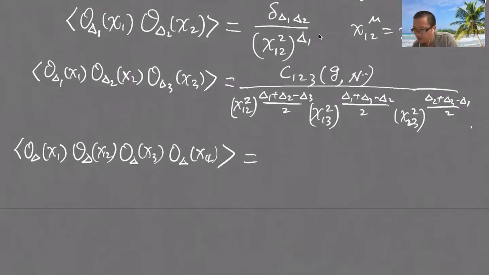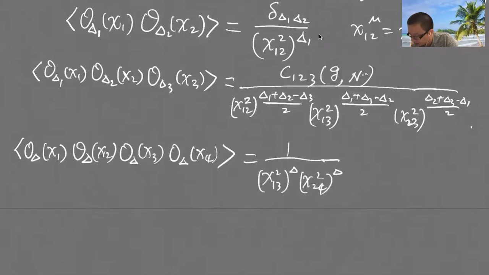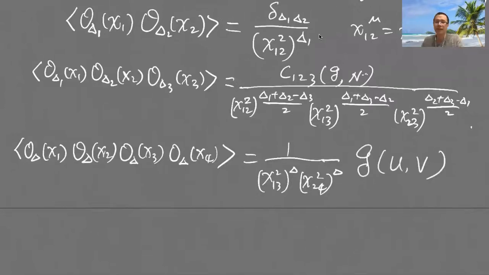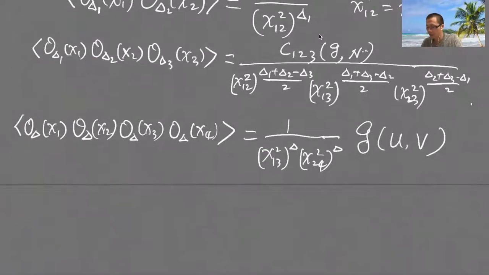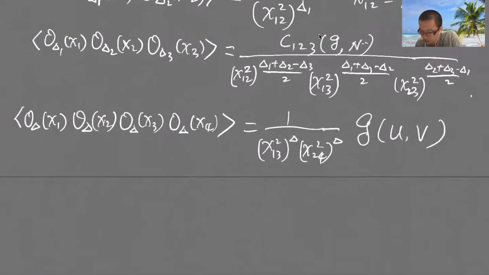So you can take out some factor which takes care of the conformal symmetry. This factor is basically required for the correlator to transform properly under conformal symmetry, and what's left over is an unknown function of the so-called cross ratios. U and V are the cross ratios.